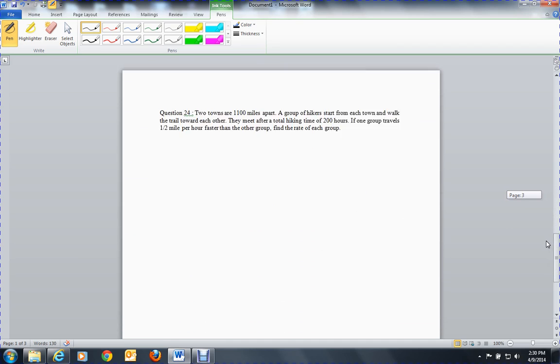Now let's look at this example. This one I'm actually not going to use a system of equations. I'm going to just use an equation all at once. We got two towns that are 1,100 miles apart. A group of hikers start from each town and walk the trail towards each other.